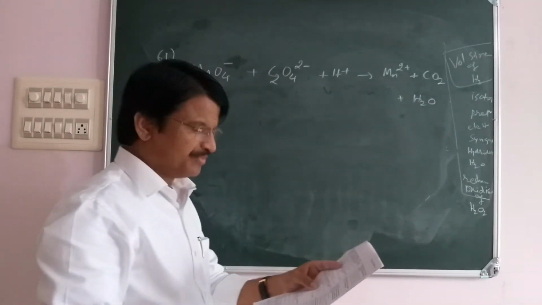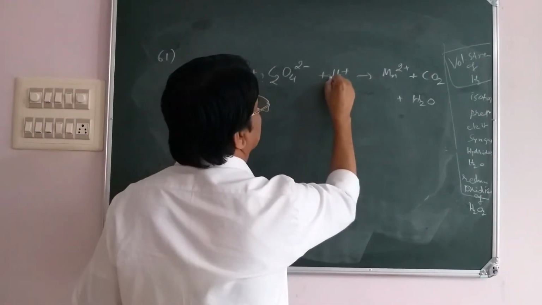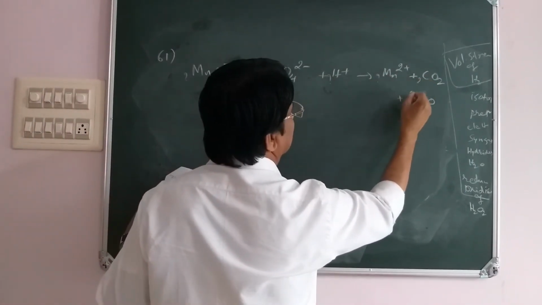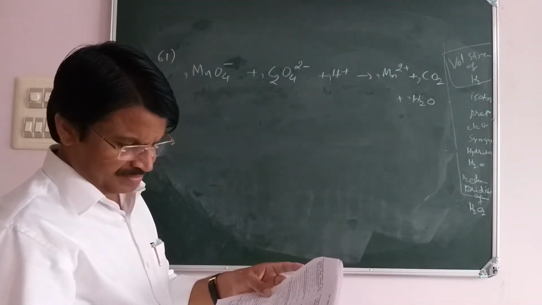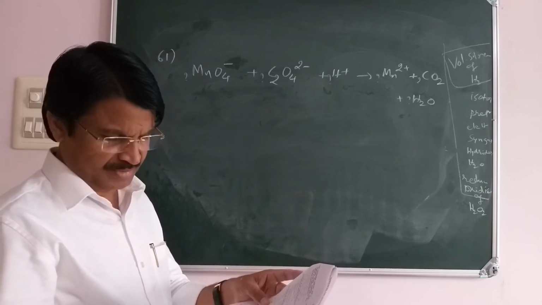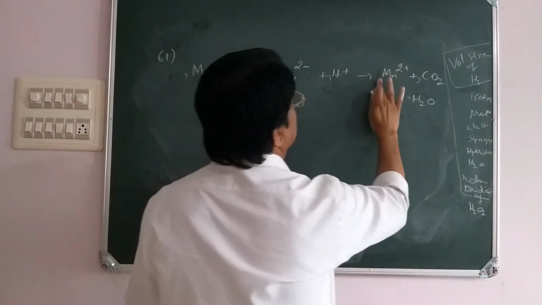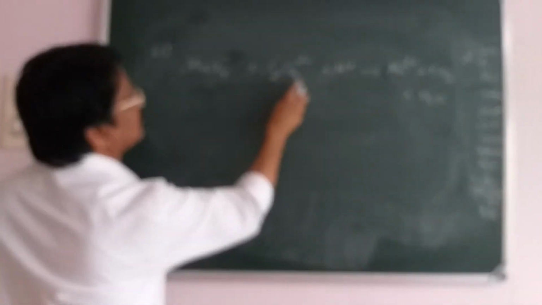The correct coefficients of the reactants for the balanced equation are asked. They are asking only for the reactants. These you have to find out.